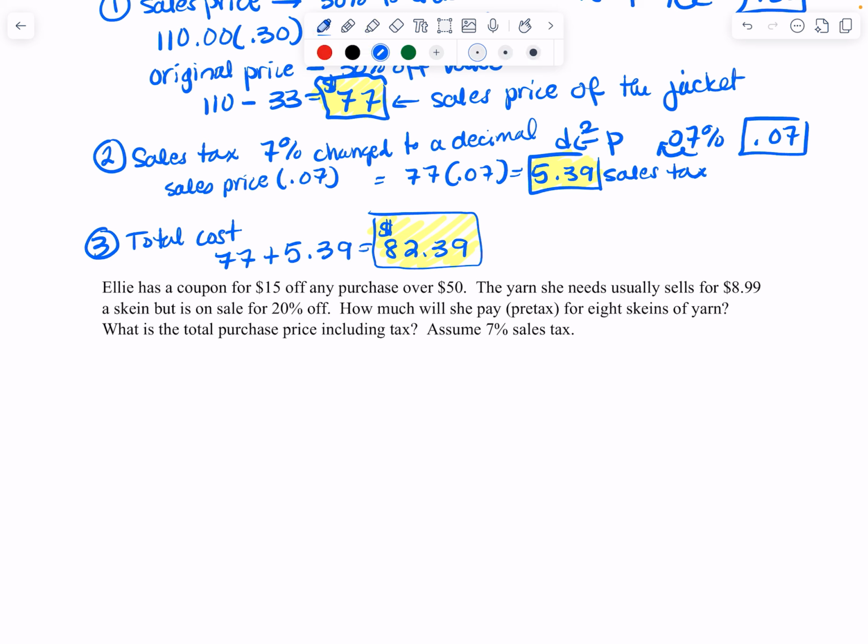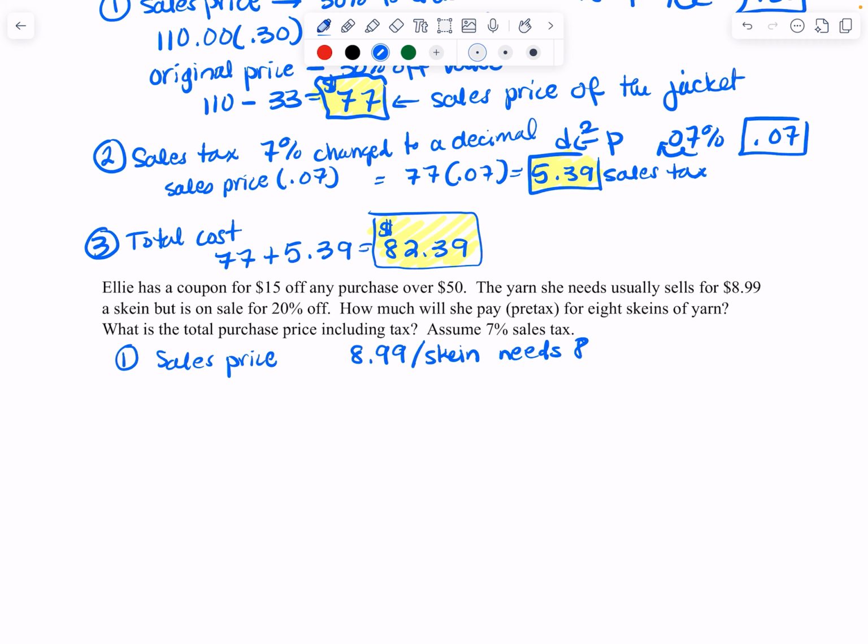Okay, so first things first, we have to find the sales price of what Ellie is buying. She has $8.99 per skein, right? Now she needs 8 of those.